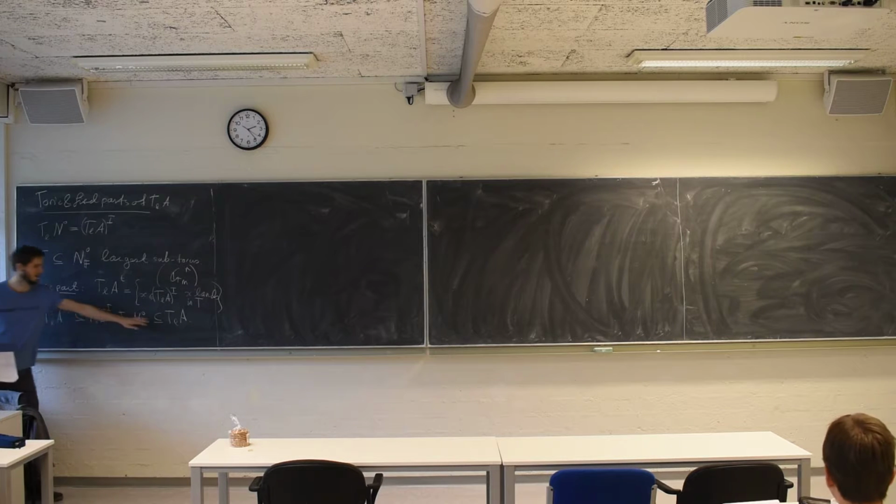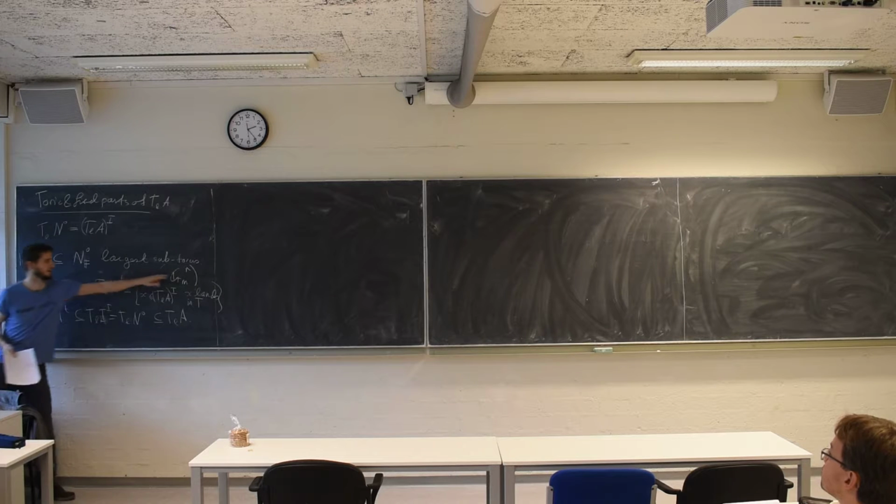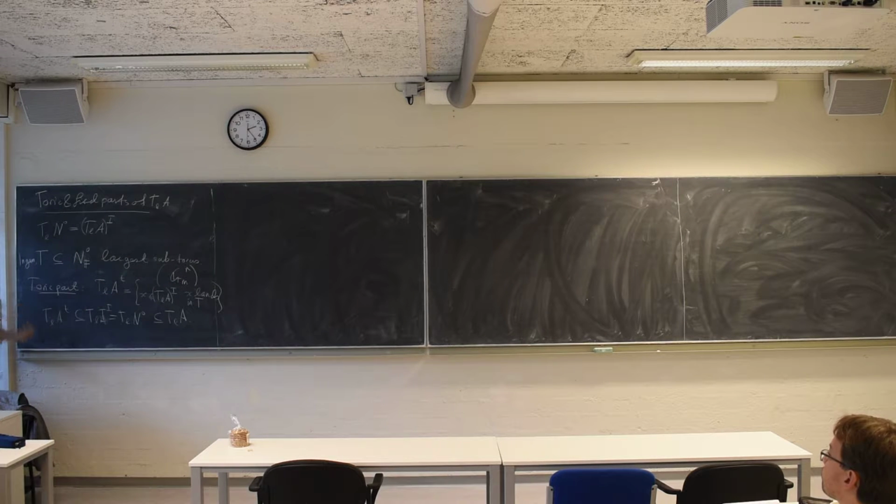The rank of this thing as a Z_ℓ module is just 2 times the dimension of A, and the rank of this thing as a Z_ℓ module is just the toric rank, so it's just this r here. You don't get a 2 coming in anymore, because if you look at the roots of unity in a torus, then μ_n has n elements and not n squared.